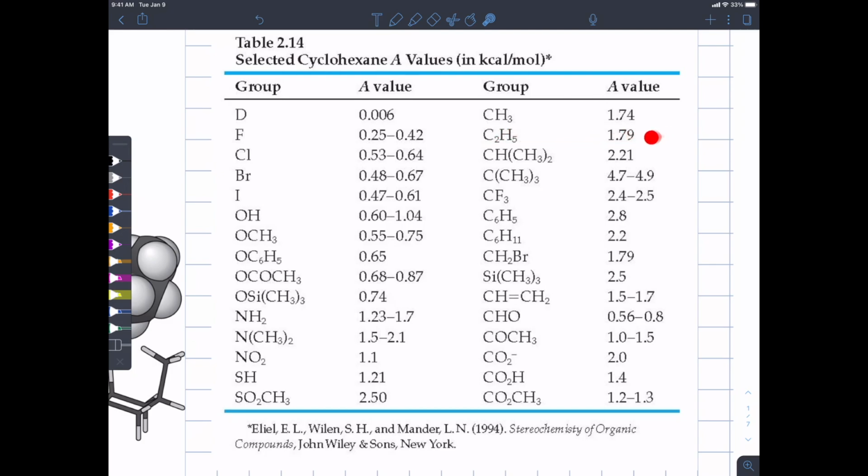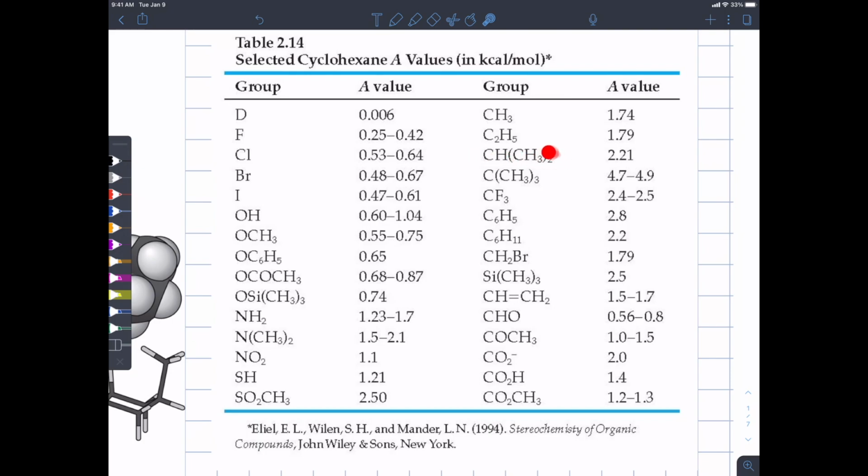Notice when you add another group beyond the methyl group, when you tack on an additional CH3 to make it ethyl, that doesn't increase the A value much. It does increase the size of the group, but remember, methyl groups can rotate, and so it's easy to get that additional methyl group out of the way, and so the ring doesn't care so much whether it's methyl or ethyl.